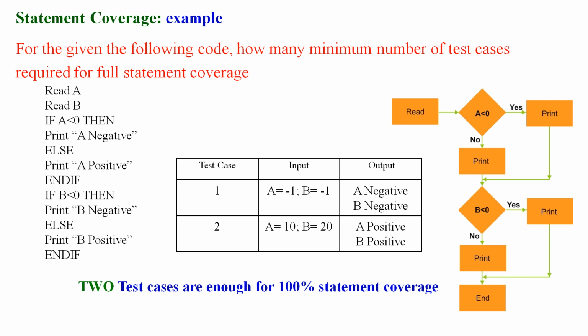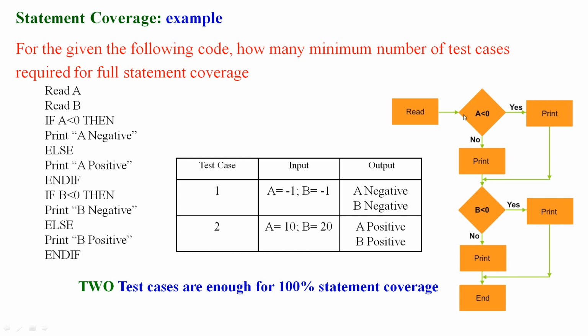Now, read the values A and B. If A is less than 0, if it is true, print A is negative. If it is false, print A is positive. I repeat, read A, read B. Next, if A value is less than 0, if it is true, print A is negative.